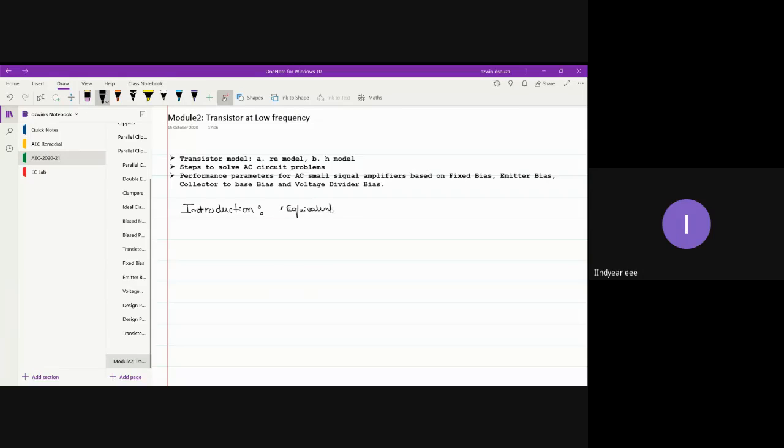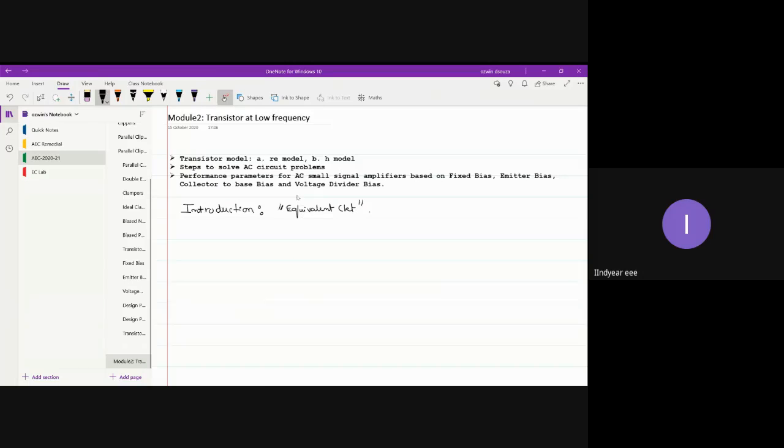The meaning of equivalent circuit was already introduced when we were studying the diode, right? We had diode equivalent circuits. Now, what do you mean by equivalent circuit? An equivalent circuit simulates the behavior of the actual circuit. It gives the exact behavior of the actual circuit.